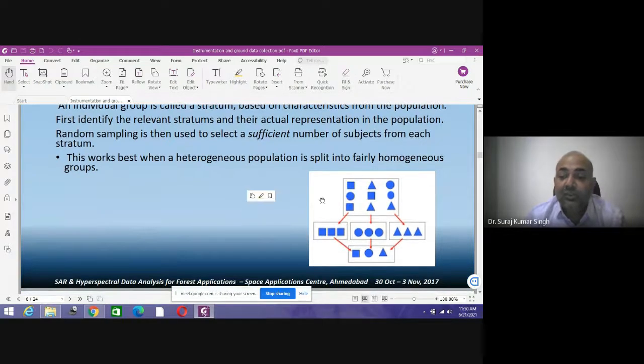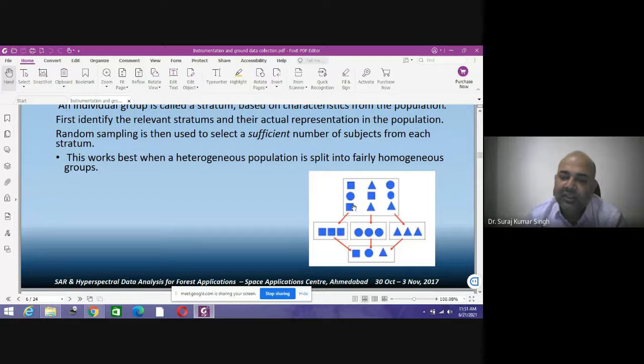So what we do, there are a few samples available of different origin. You can see they are of different shape and size. There are three shapes available in the study area. One may be a forest, one may be a built-up area, and another may be a wasteland. So you will select each and make three classes of the same nature.